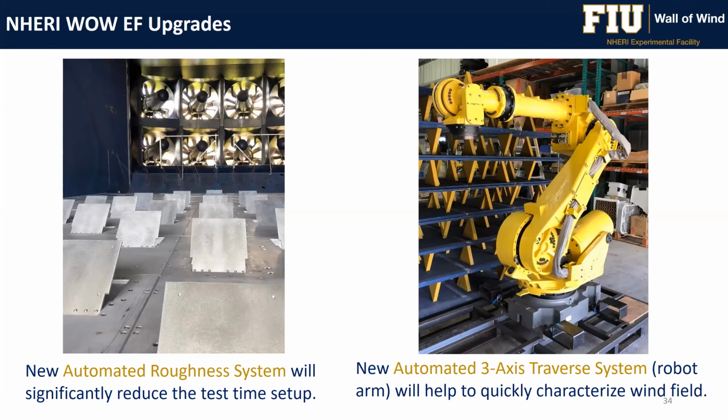We also currently have the traverse system, this robotic arm, which will help us quickly characterize the wind field. We will mount the Cobra probes to measure wind speed time histories on this arm, and then move from point to point much faster.